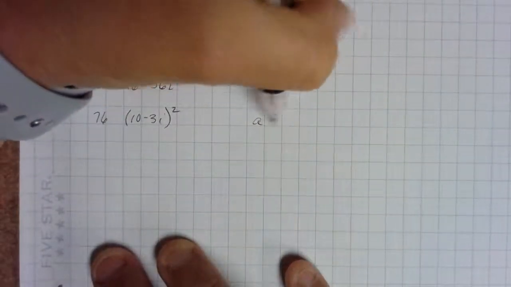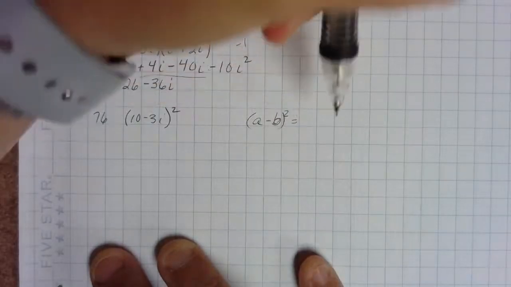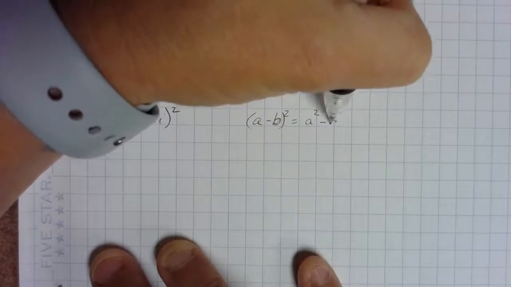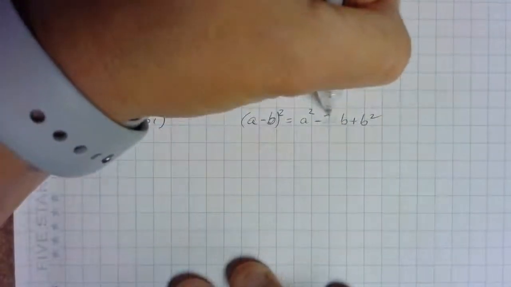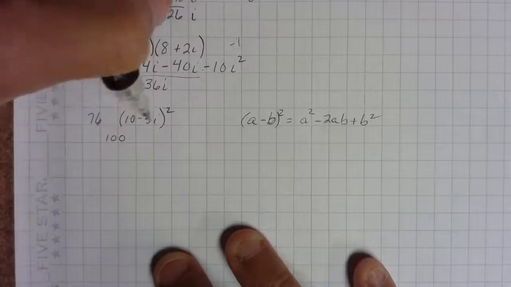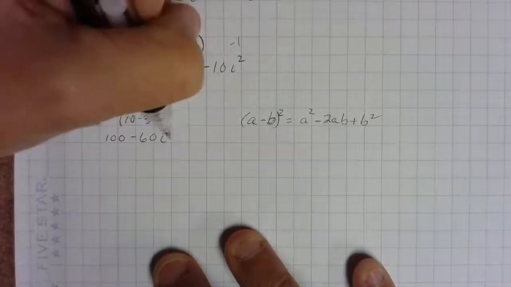I've said this a bazillion times this year. In fact, I get tired of saying this one. This property, a minus b quantity squared, will always be a squared minus 2ab plus b squared, no matter what, even if they're complex numbers or have radicals in them. So, first one squared, multiply them together and double it. Last one squared.